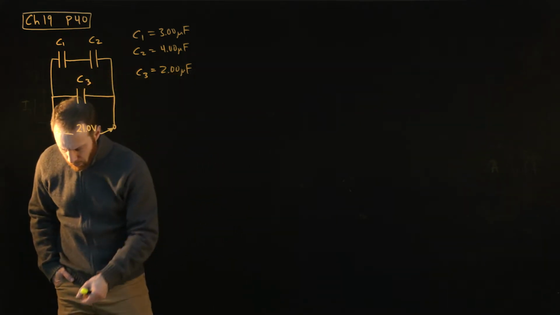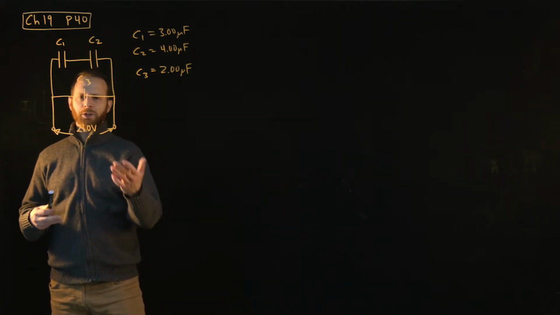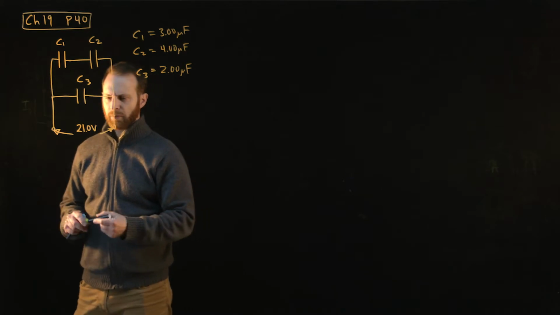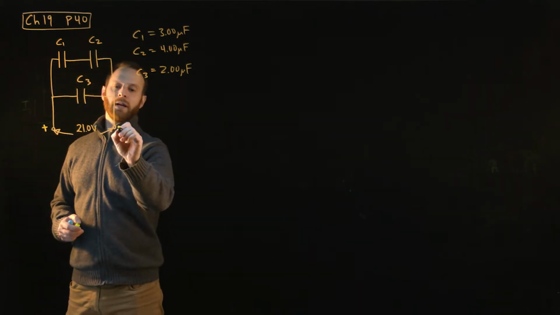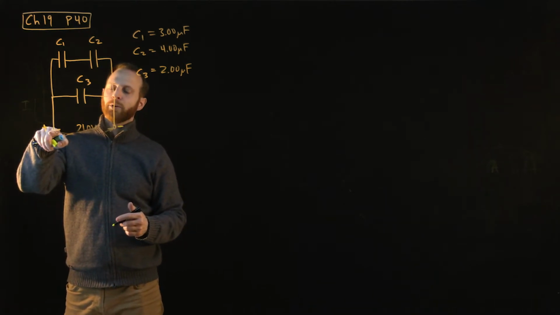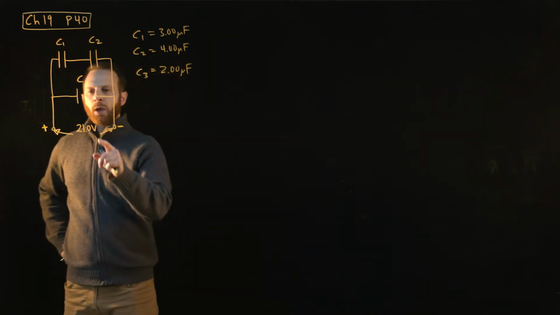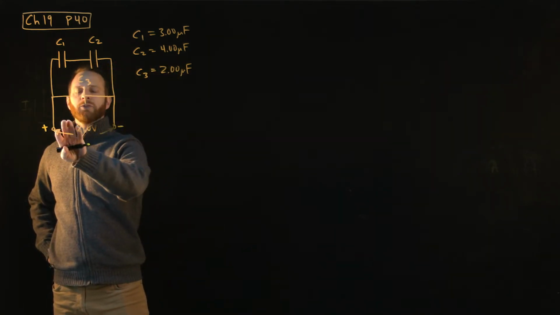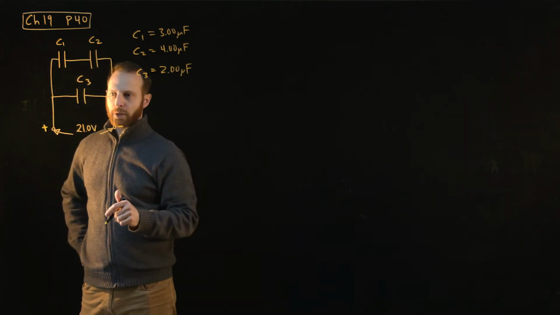It may be helpful right away to draw a picture, to think about what's going on here. Remember, on each capacitor, and just for the sake of argument, let's assume that this voltage source is supplied so that the positive voltage is here, negative voltage here, or at least what we're saying is this point over here is at a voltage of 21 volts higher than this point over here. What that means is there's a buildup of positive charge connected to the positive side, negative charge to the negative side.